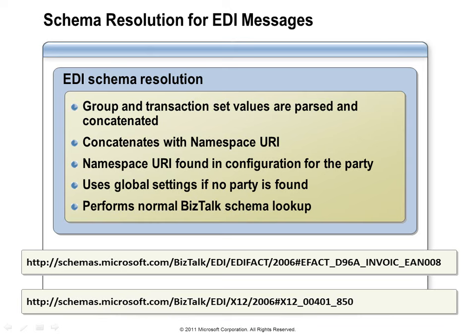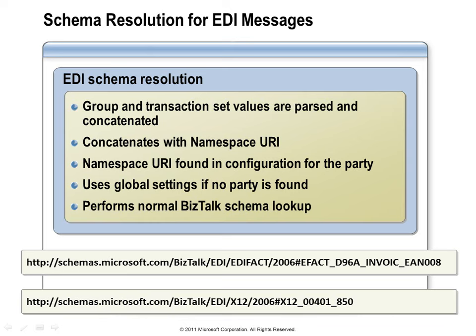Now, the namespace URI is something that can be unique for a given party. So you can go into a particular party, you can create custom versions of certain schemas. So for example, for the X12 4010 850 here, you could have an instance of that schema for partner A and a separate instance for partner B.